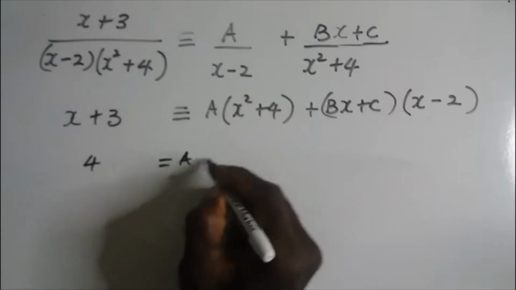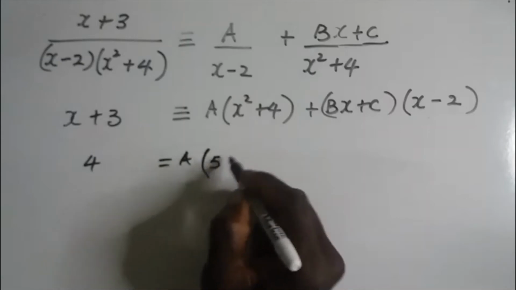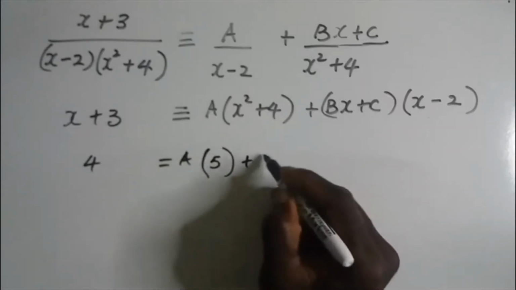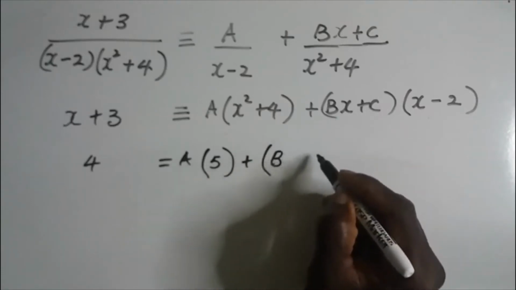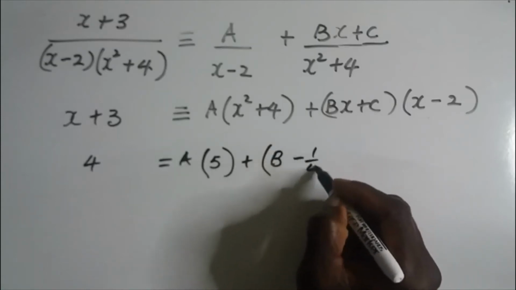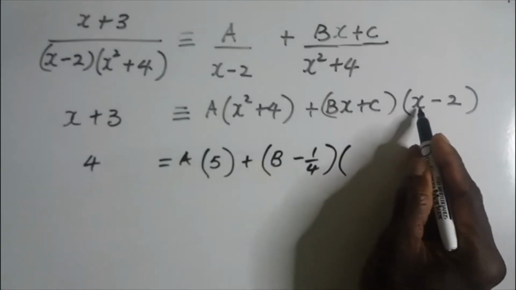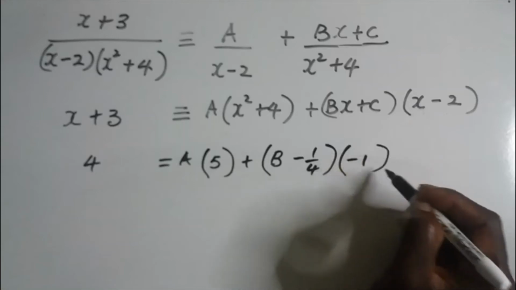And we have A into 1 squared add 4, which is 5. Add Bx, well, that will just be B. Add C, well, we know C is minus a quarter. And we're multiplying this by x minus 2, so it's 1 minus 2, which is minus 1.